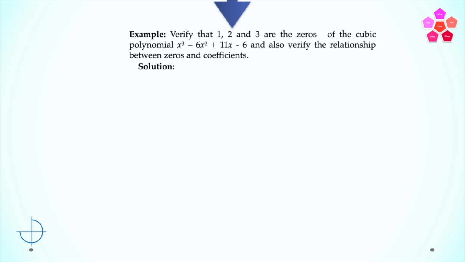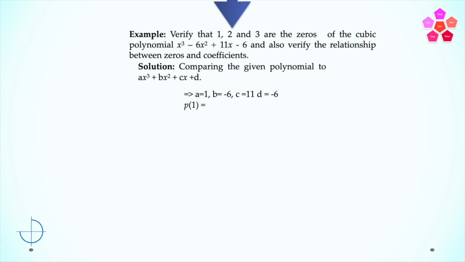The solution is comparing the given polynomial to ax cubed plus bx squared plus cx plus d, where a cannot be equal to 0. We have a is equal to 1, b is equal to minus 6, c is equal to 11 and d is equal to minus 6. Here for p of 1, which is equal to 1 minus 6 plus 11 minus 6, which is equal to 0.